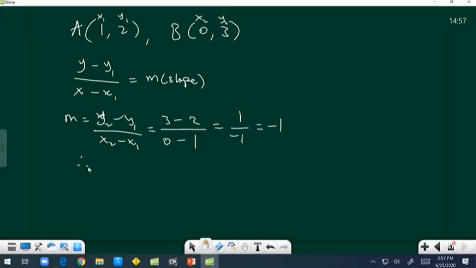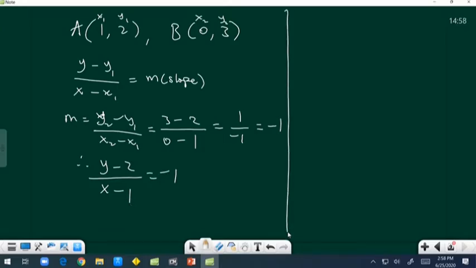So we can substitute this into the expression y minus y1 over x minus x1. The y1 there is 2, and the x1 is 1, and the slope is minus 1. So we simplify further. We have y minus 2 is equal to minus 1 in brackets, x minus 1.